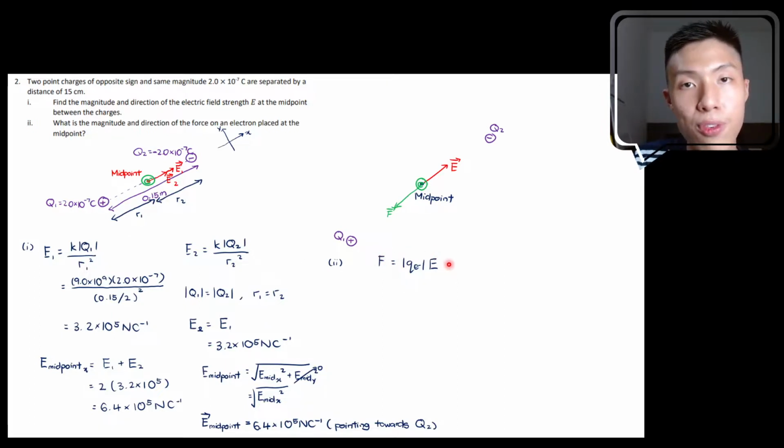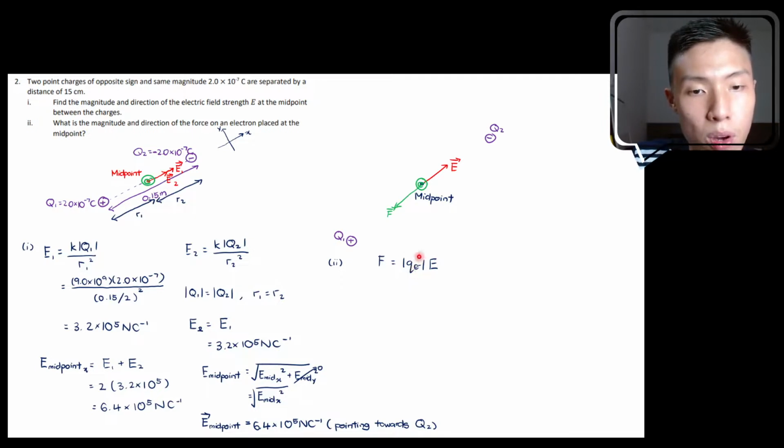Both force and field are vectors, so the magnitude of a vector must always be positive. So Q should also be a positive value, so we take the absolute value of Q to avoid F or E becoming negative.